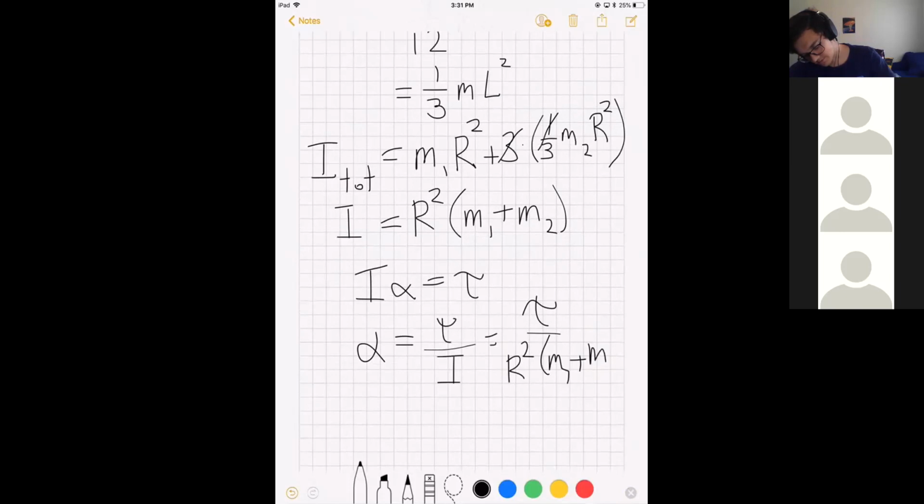Plugging in the numbers, you end up with a value of almost exactly 100, if I remember correctly, which is E. So those of you who picked E, good job. If not, it was a bit of a complicated problem. You had to apply the parallel axis theorem and then recognize how to combine all these moments of inertia. Does that make sense to everyone?